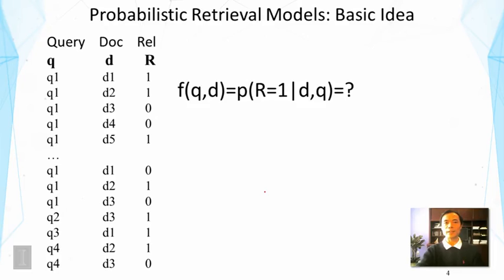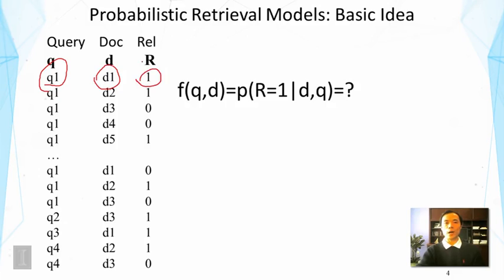Now, to understand this idea, let's take a look at the basic idea of probabilistic retrieval models. Here I listed some imagined relevance status values or relevance judgments of queries and documents. For example, in this line, it shows that Q1 is a query that the user typed in, and D1 is a document the user has seen, and 1 means the user thinks D1 is relevant to Q1.